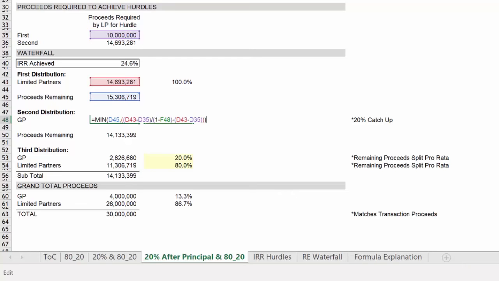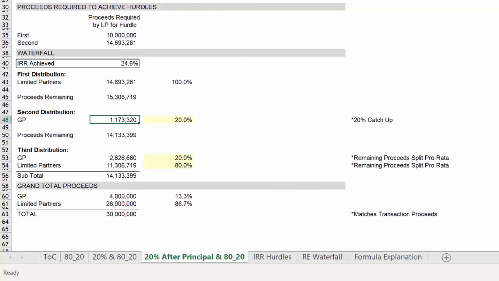Now we are subtracting from that value the original principal investment. So we have the value in cell D43 minus D35, which is the preferred return, divided by 80%. And then we subtract the value of the preferred return, which leaves us only with the value of the catch-up of roughly $1.2 million.